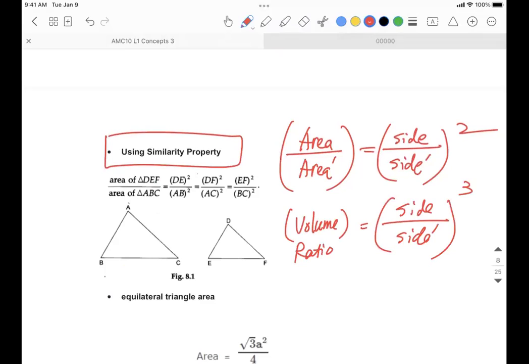So trust me, a lot of complicated problems, if you do the regular way, will take you forever. But if you know that the similarity ratio squared equals the area ratio, that's going to save you a significant amount of time. Okay?